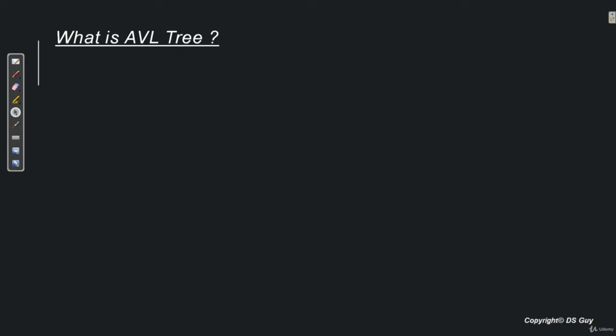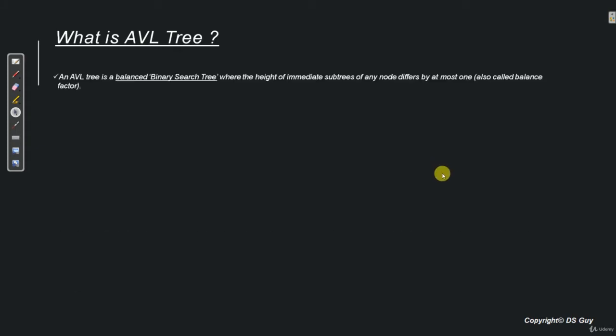Now in this video, let's see what exactly an AVL tree is and how it makes sure that the balancing of a binary search tree is respected. So as we can see here, an AVL tree is a balanced binary search tree. So you see that an AVL tree is also a type of binary search tree.